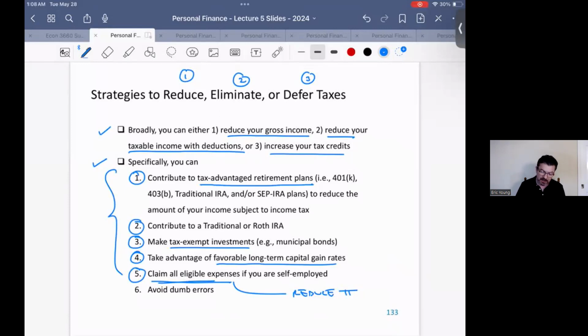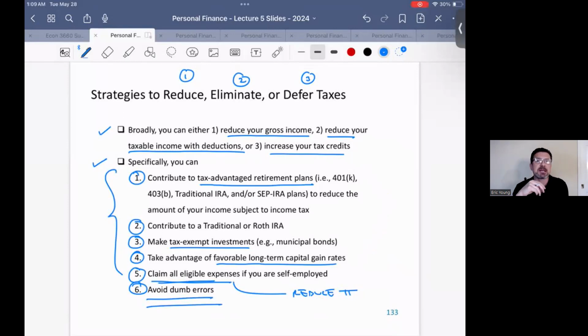But it goes without saying that you also have to avoid dumb errors. I do taxes, I have a lot of clients. One of the most common issues that my clients have where they owe more taxes in a given year than they have to, it's not because they didn't do these up here. It's because they either didn't understand tax basics, they didn't come and consult with me, but they somehow made a dumb mistake.